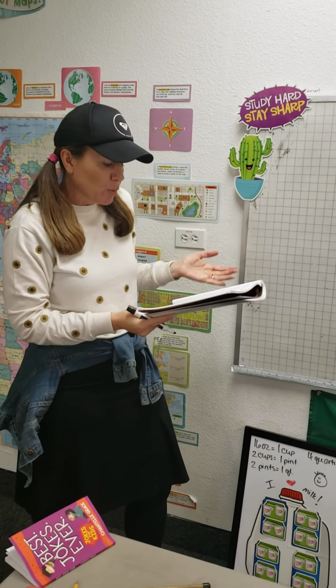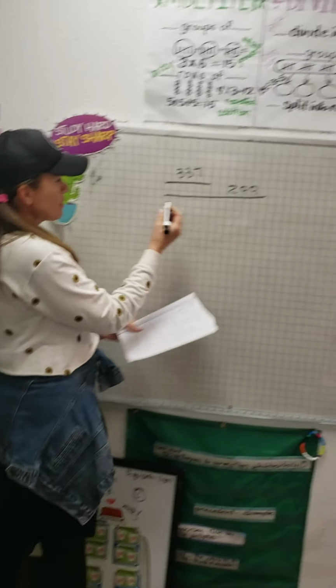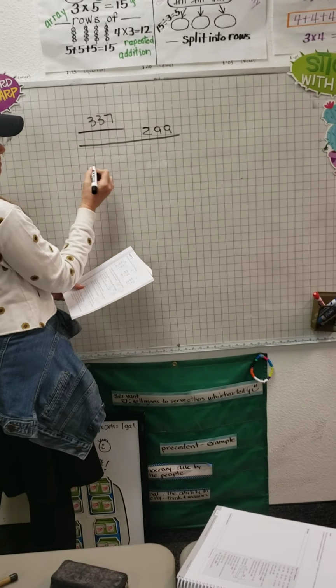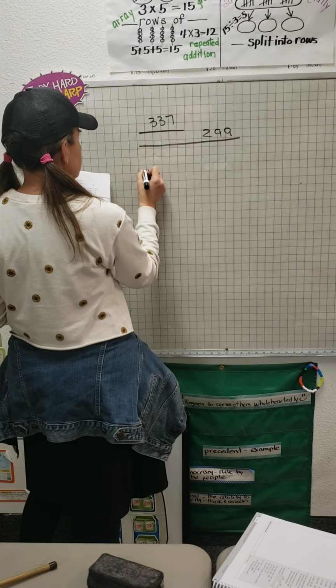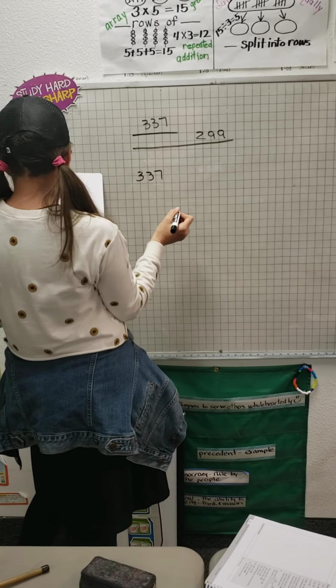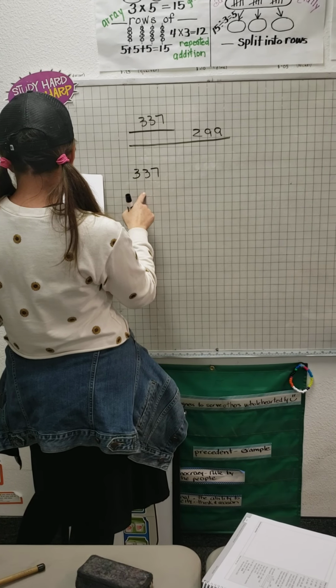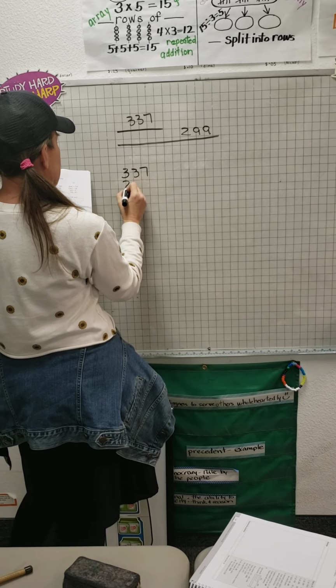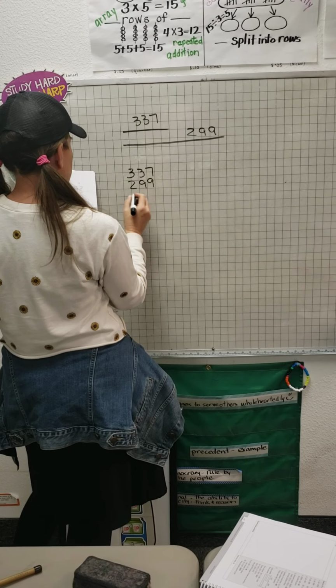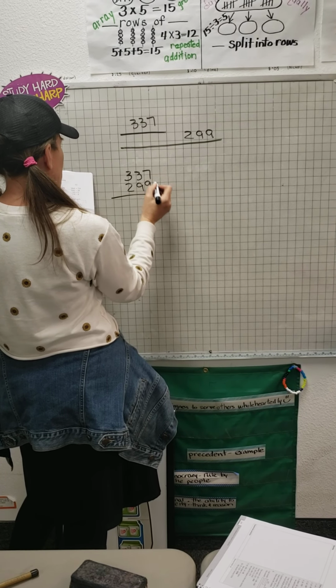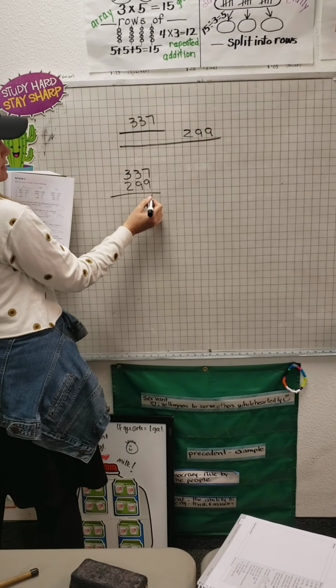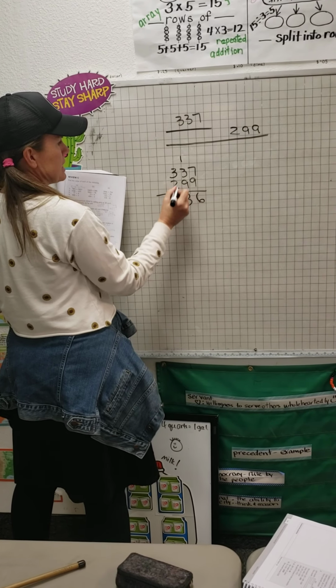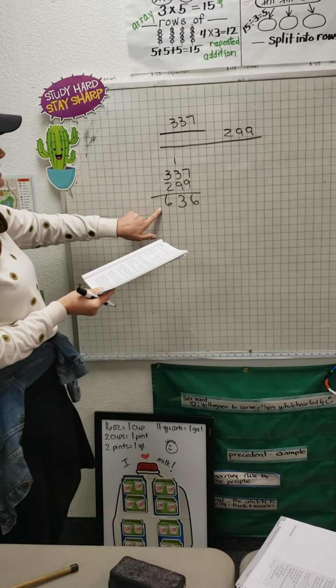So I could do it a couple ways. I could add the 337 plus the 299, which gives me, let's add this up. So that's 16, 13, 636.